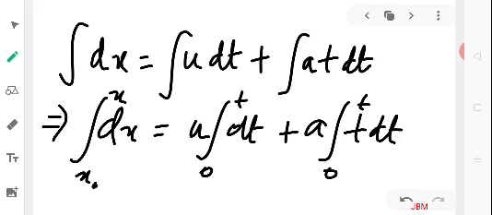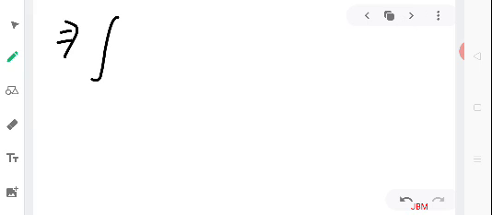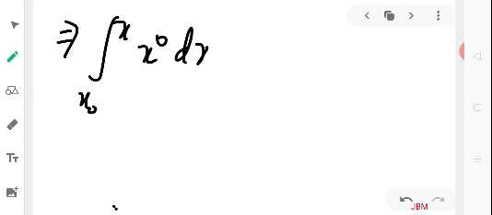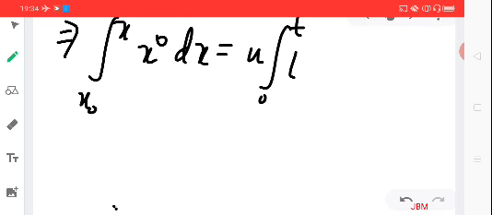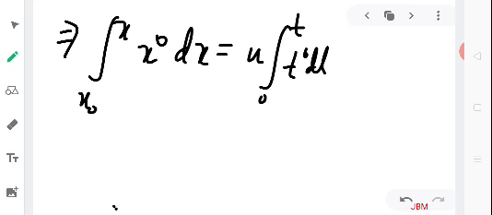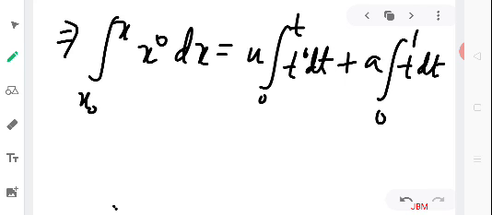See, dx, that can be written as integral, isn't it?